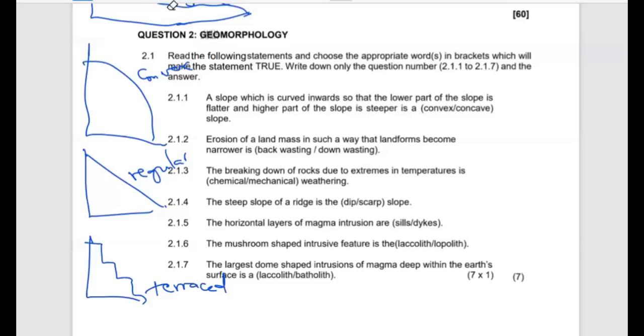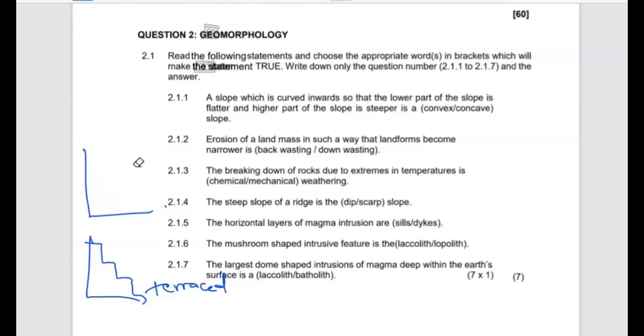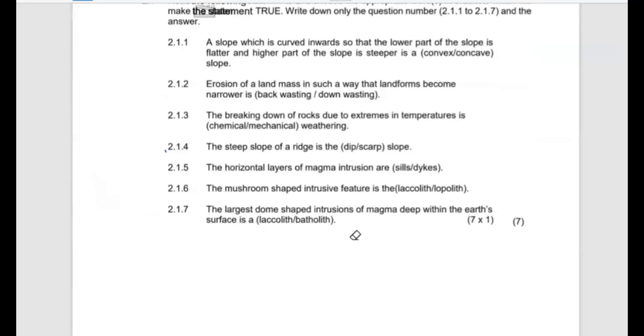Right. So what you need here is for you to analyze the nature of the question and be able to come out with the right response. So this one here is concave. It's a concave slope for that response.